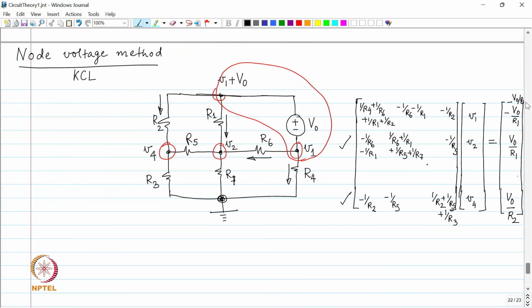Is this okay? Yeah, it looks horrible. Can you read what I have written?